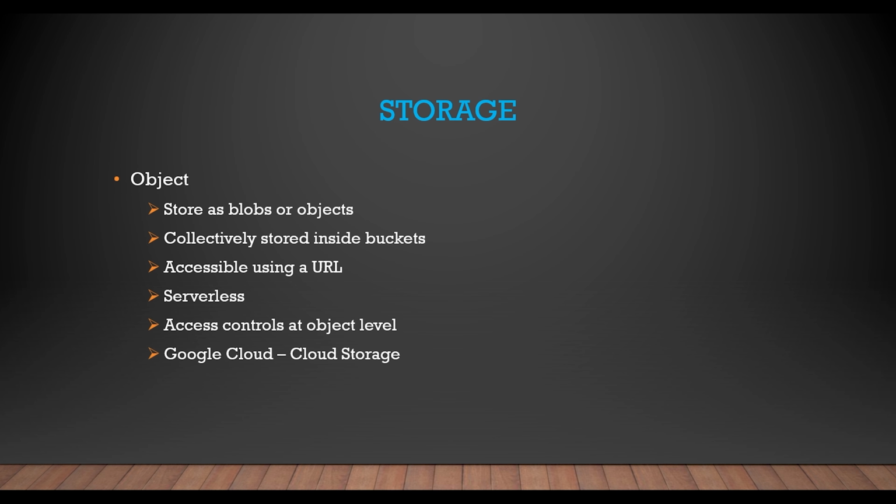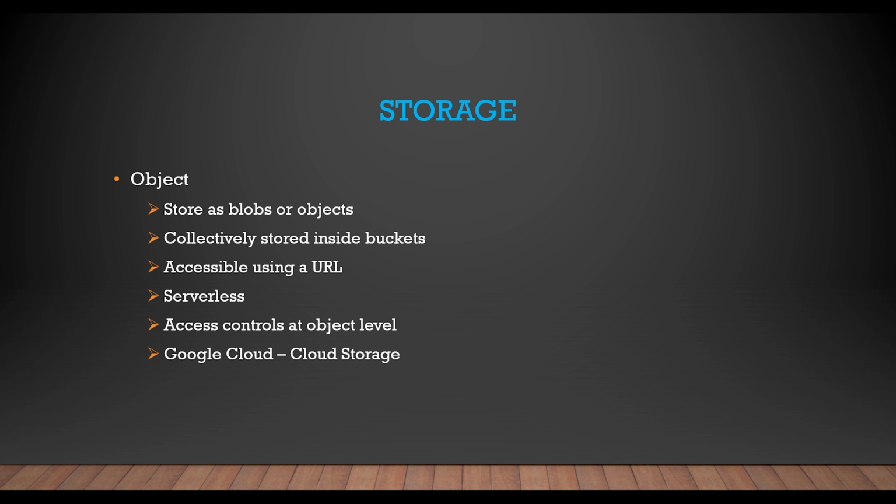Object storage is a system that manages storage as blobs or objects. So whatever object you store will be called a blob or an object, and it is collectively stored inside a bucket. These objects are grouped into buckets. A similar example could be a folder under which you are storing files.